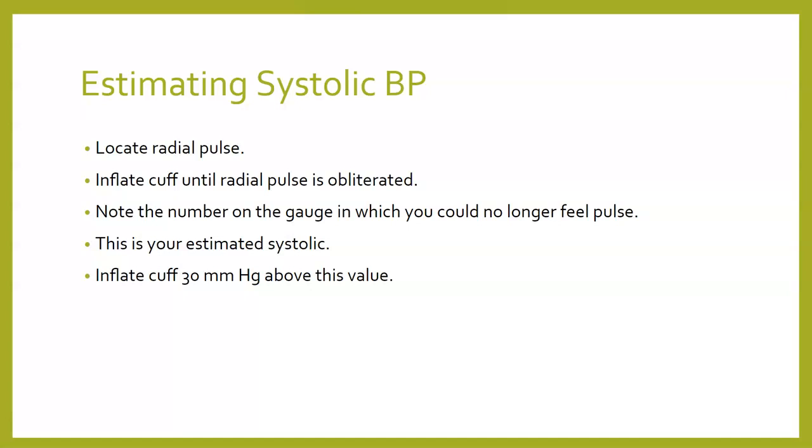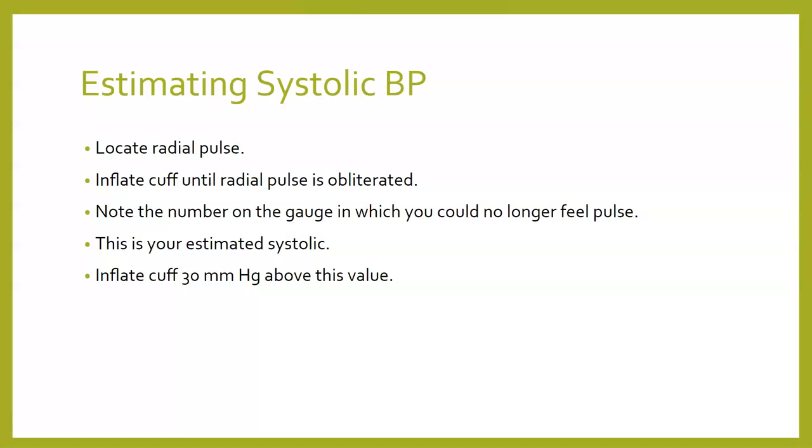But for lab and for this class, we are going to talk about it using the radial pulse. The radial pulse is on your wrist. I'm sure most of y'all know where it is. It's usually easier to feel than the brachial.